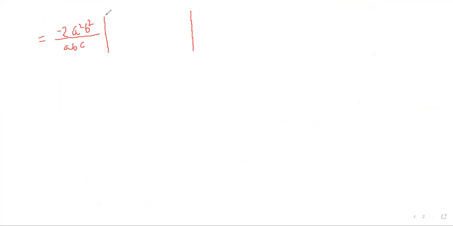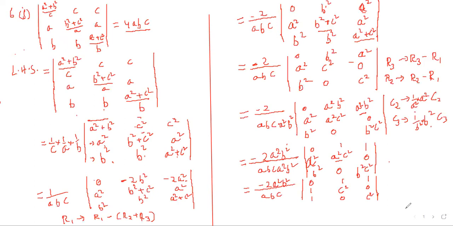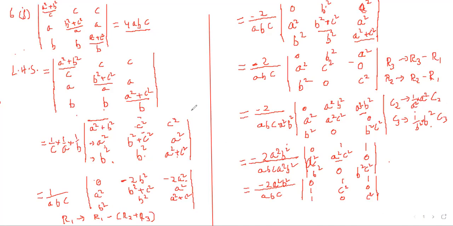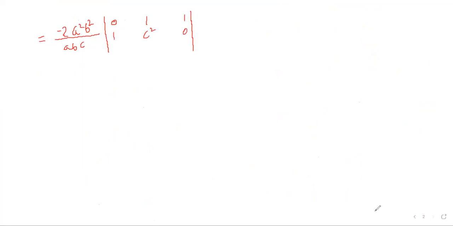Then 1, c square, 0. Then 1, 0, c square. So minus 2, one of the A, one of the B will be cancelled out over C.